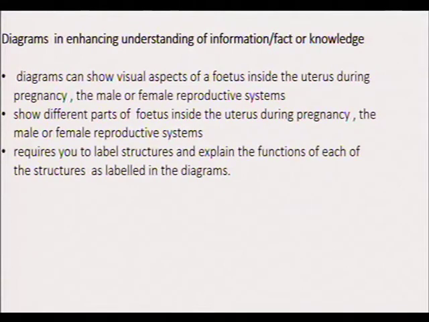These diagrams can show different parts of the fetus inside the uterus, and it can require you to label structures and explain the function of each structure as labeled in the diagrams. I will show you in the example just now.